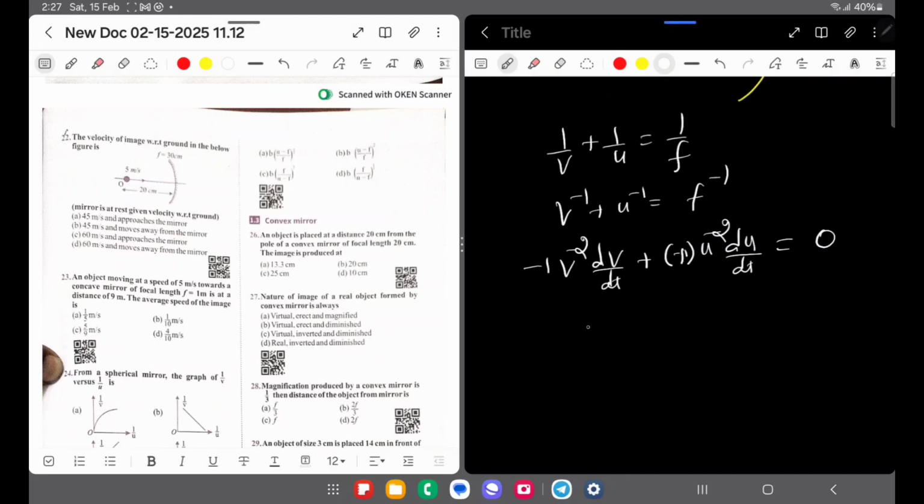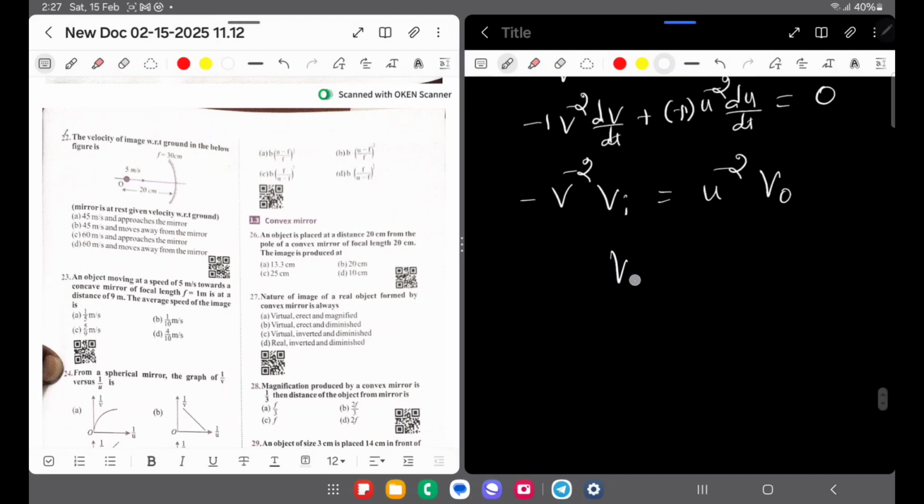So I got the velocity of the image times v^-2 equals minus u^-2 times the velocity of the object. So the velocity of the image is equal to minus u^-2 by v^-2 times v naught.